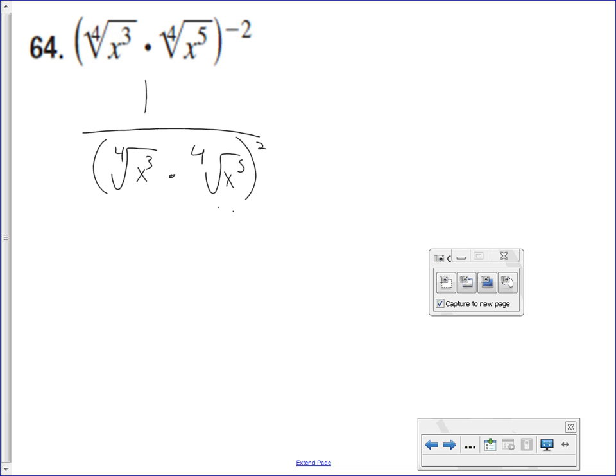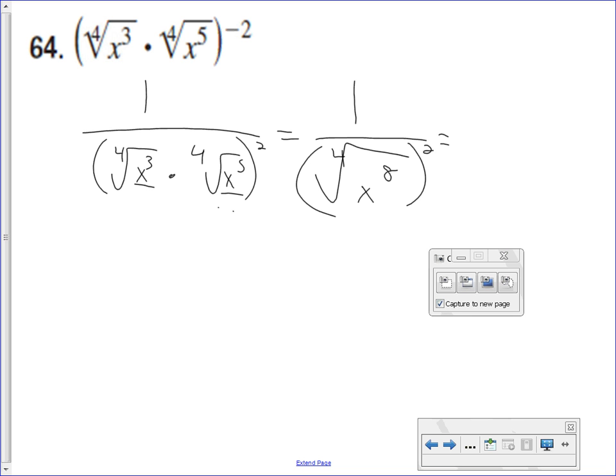Do they have the same nth root? Yeah, they do. Since they have the exact same nth root, that means I'm going to have 1 over the 4th root of x to the 8th quantity squared. Combine the x cubed and x to the 5th.